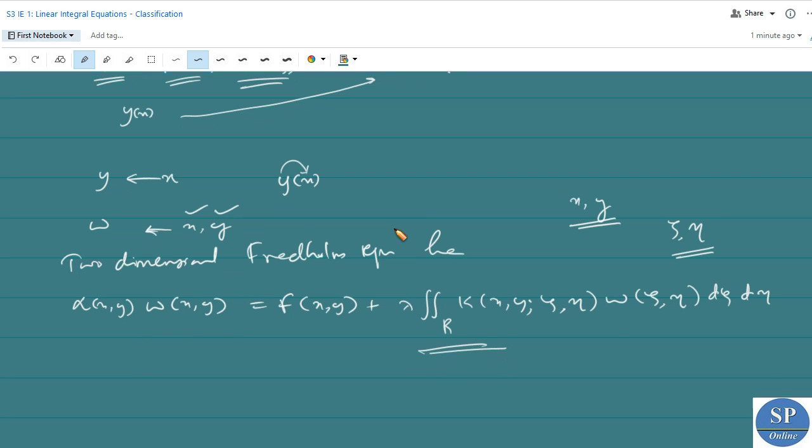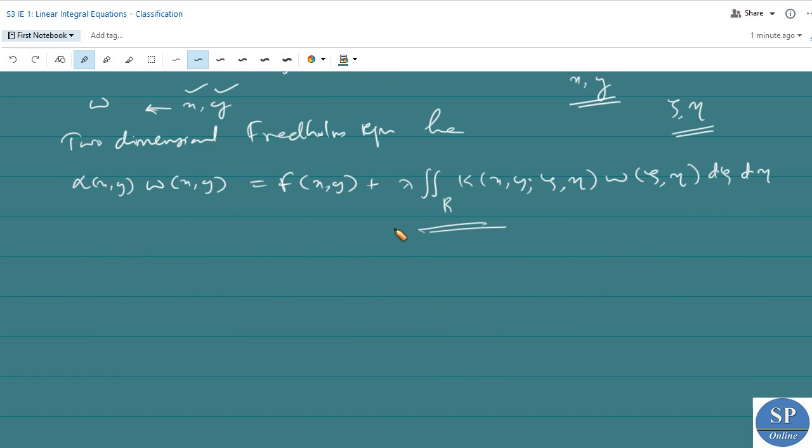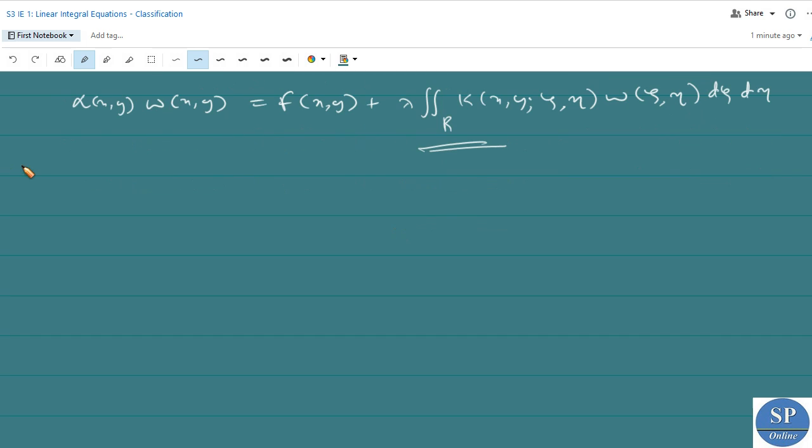Clear? Next, we can discuss a simple question. Show that the function y of x equal to 1 minus x is a solution of the equation integral from 0 to x of e to the power x minus t y of t dt equal to x.